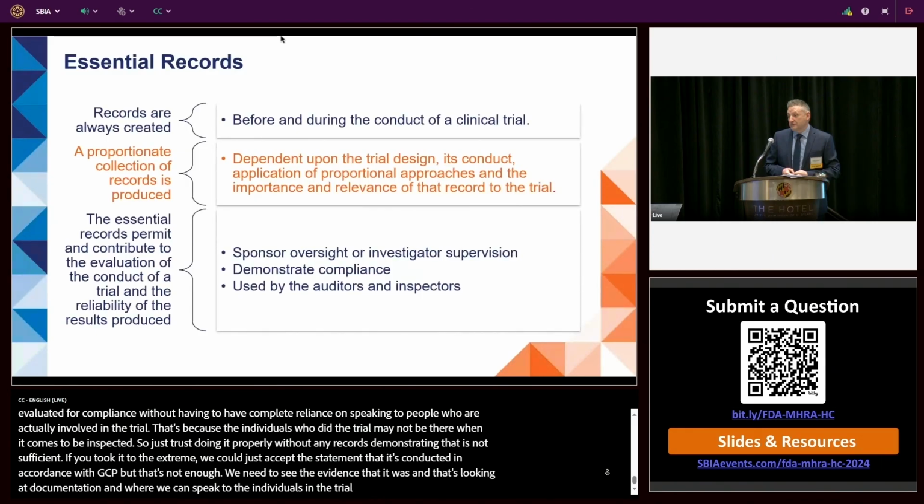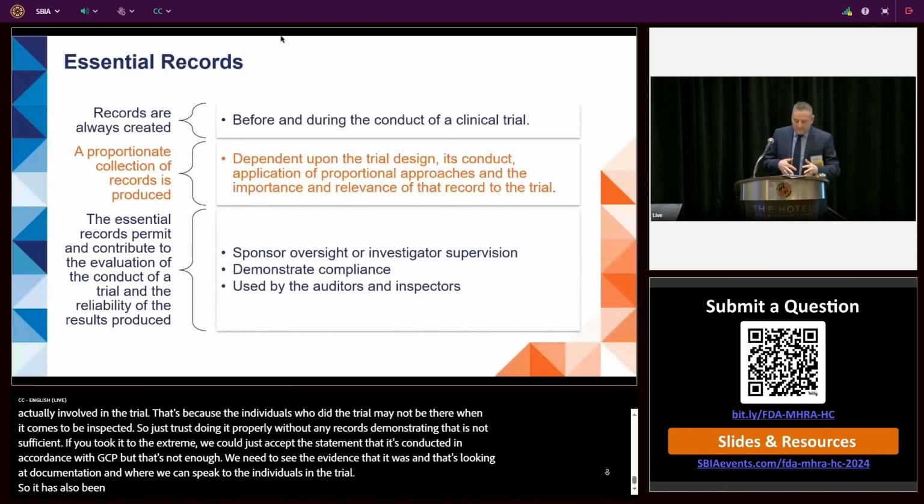So it has also been emphasised in the new update about the impact of conducting a trial in a proportionate way.